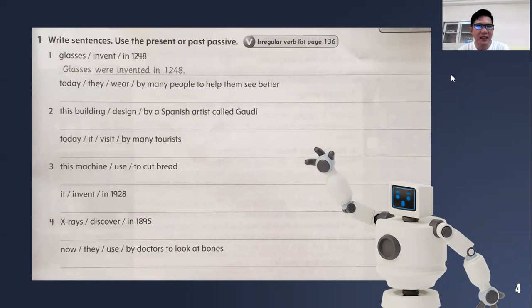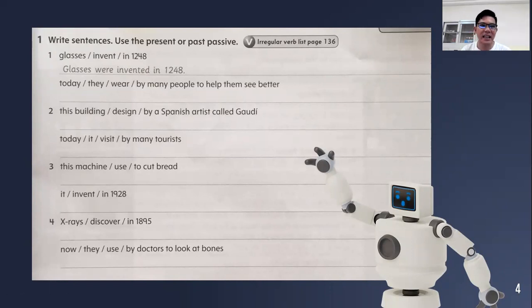Number 1, write sentences. Use present or past passive. Number 1, we've got 2 sets. Number 2, we got 2 sets again. So each set, we got 2 sentences. I mean, first set, we got 2 sets of questions and 2 sets of answers, 2 sets of sentences. For number 1 is given.